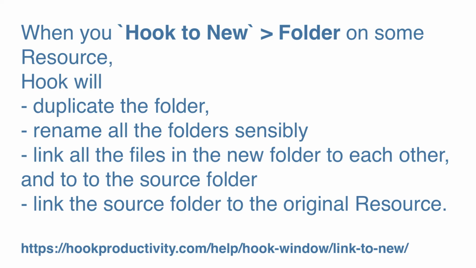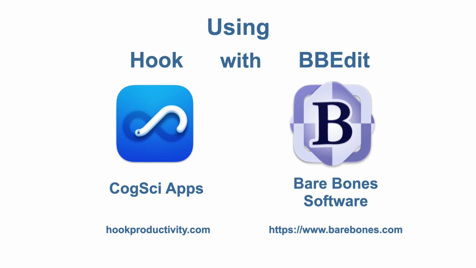So your BBEdit files can contain text files, and with Hook, we extend that concept, enabling your BBEdit project files and the files within them to link to just about anything. So we've given you a taste of what you can do with Hook and BBEdit. There's other things you can do, of course, so download Hook, download BBEdit, and start using them together.